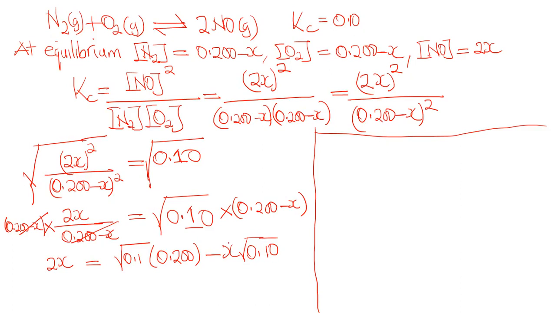Now we want the x's to be on the same side, so we'll transfer this one to this side. So we are going to have 2x. When we transfer this to this side, it becomes plus 2x plus x square root of 0.10 is equal to 0.200 times the square root of 0.10.